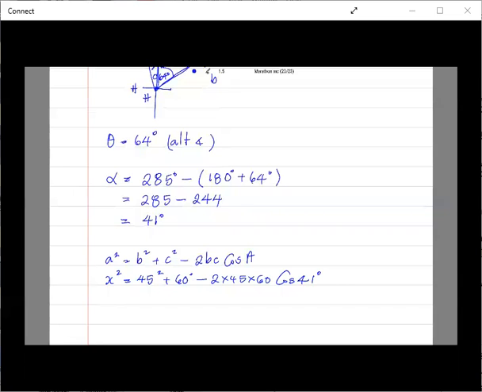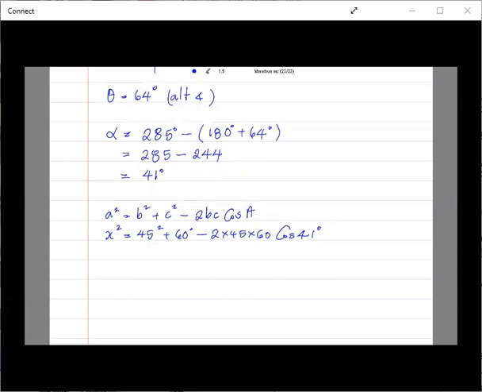All right. So all we have to do is work this out. All right, 45 squared is 2025. 60 squared is, I think, 3,600, minus 90 times 60, what is that? 5,400. Let's find out.